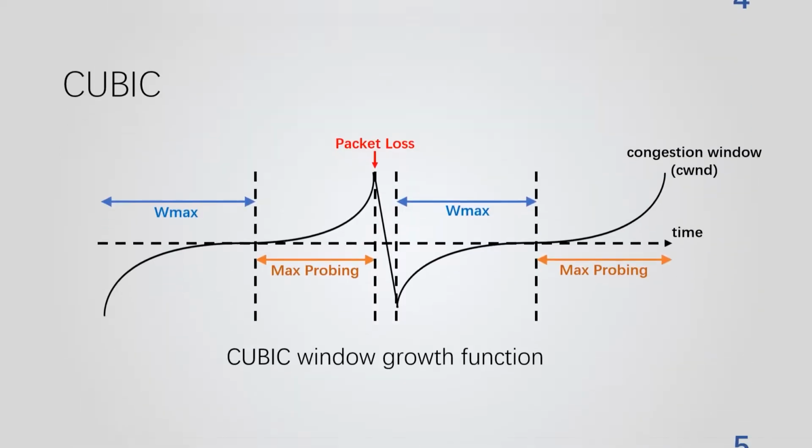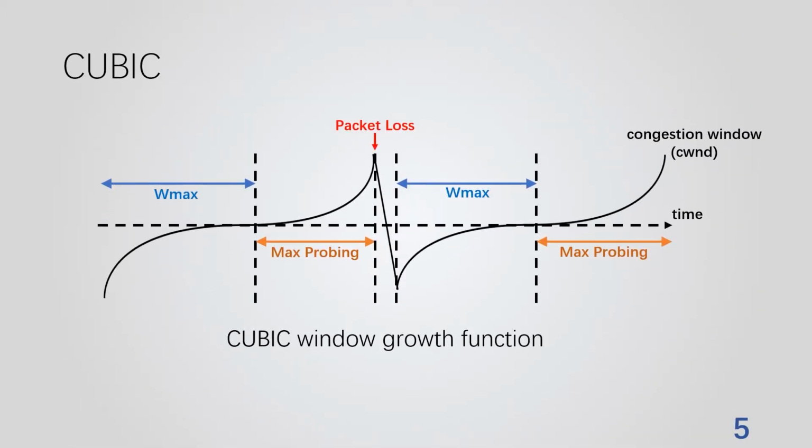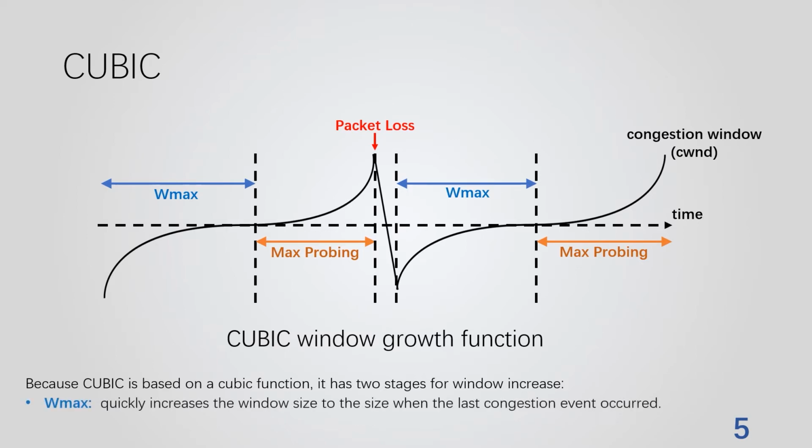So let's see how Cubic works in the network. This is a picture describing the cubic window growth function. Because it's a cubic function, it has two stages for window increasing. The first part, Wmax, is a concave function that quickly increases the window size after the last congestion event occurred.